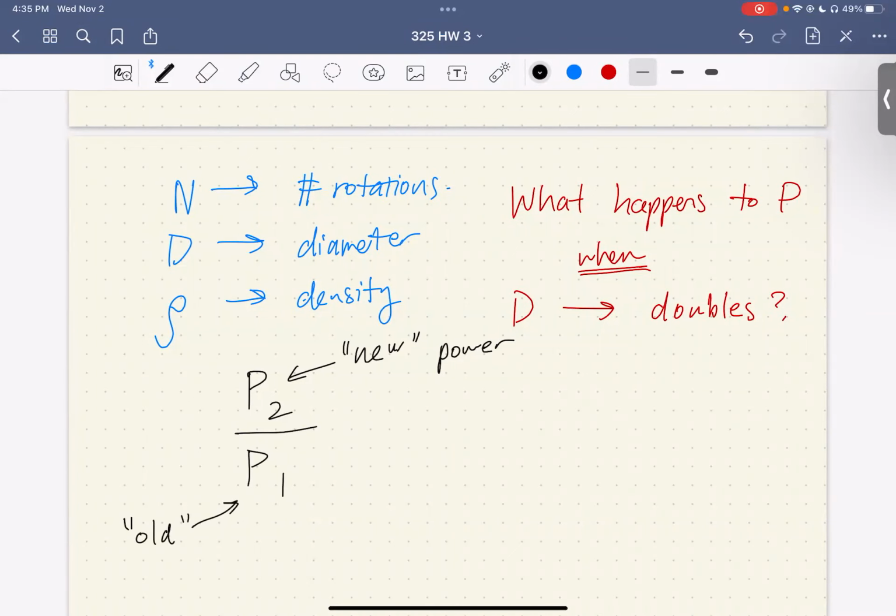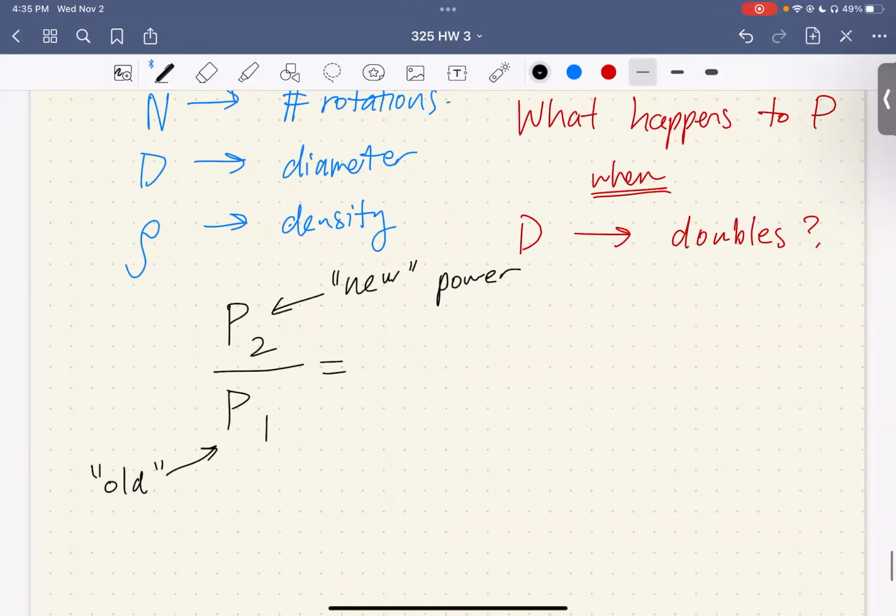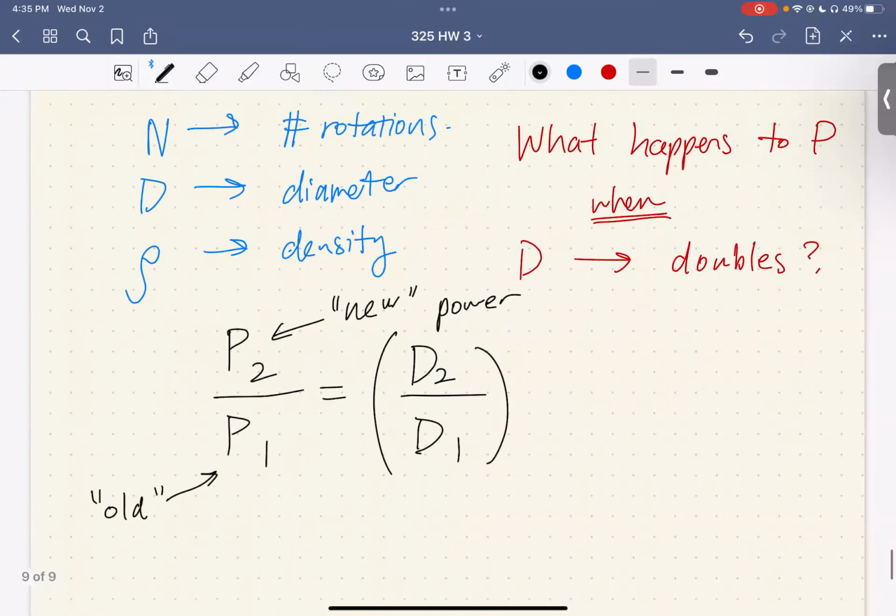We actually know that the relationship between these two is going to be the difference between the old and the new diameter, right? And we know that this doubles, right? So that's 2, right? But what is the actual relationship, right?